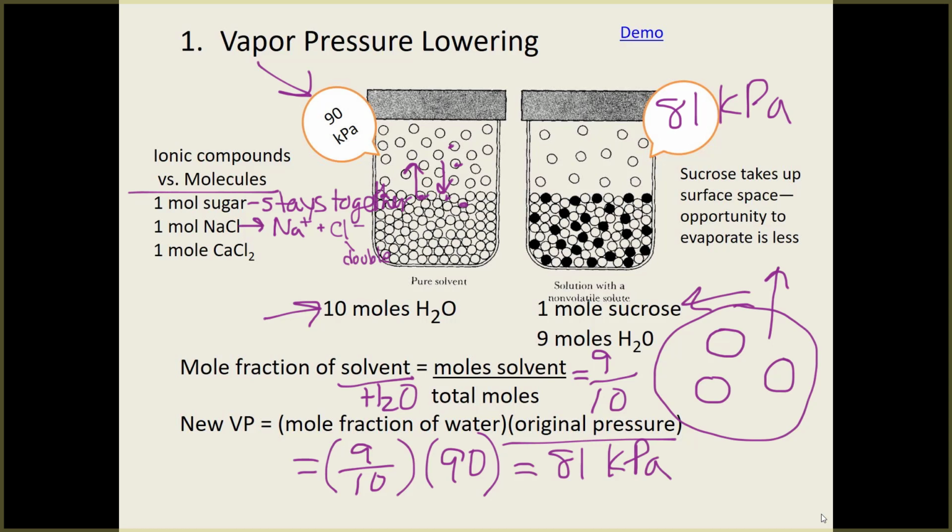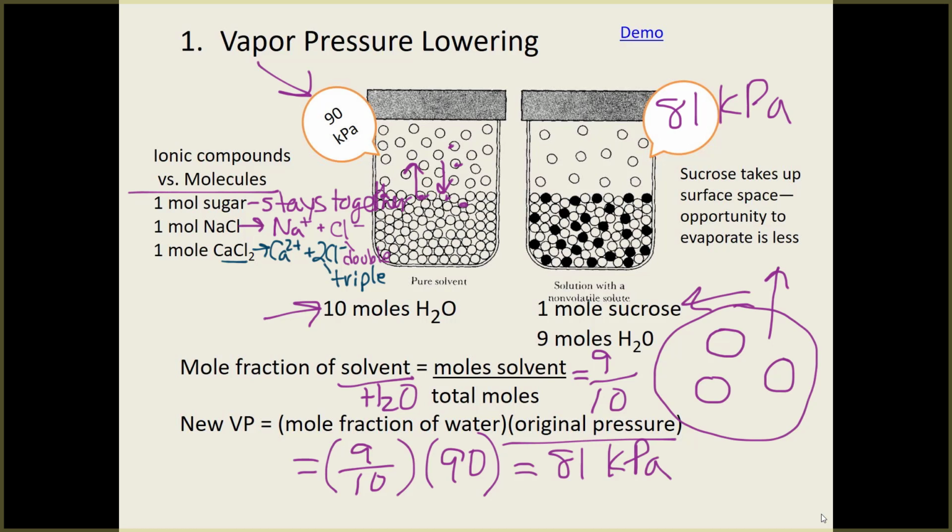Let's look at this next ionic compound. When it falls apart, it will fall apart to a calcium ion and 2 chloride ions, because if you look at the ratio, it's a 1:2 ratio in the compound, CaCl2. So this one will be triple the power of our sugar.